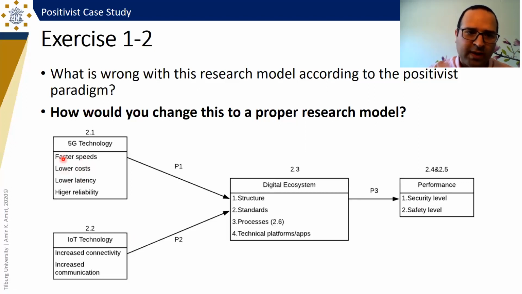You have to remove faster, lower, and higher here, and remove 5G here, and make this about technology speed, technology cost, technology latency, and technology reliability. So these are constructs now. And then you would see the effect of that on process performance, standard changes, structural changes, things like that. Is that clear? Let me see if you have any questions.